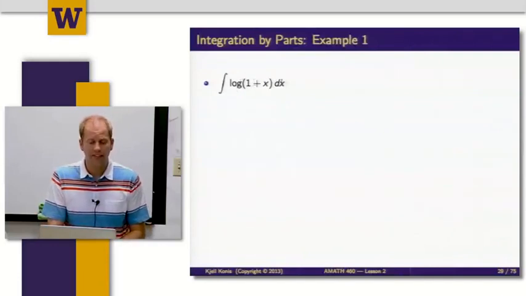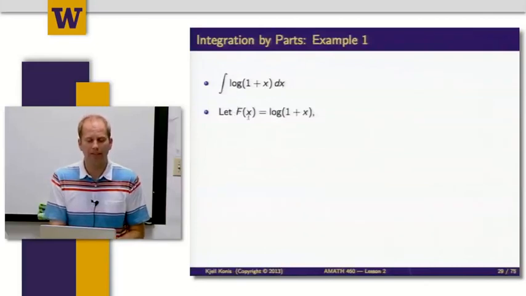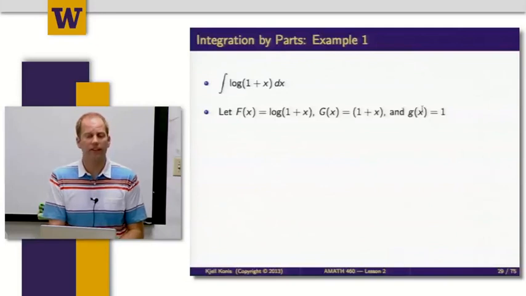So here, this doesn't even look like it's something that I'm going to be able to write down as a product. But you always have a 1. So if I let my capital F of x just be this function here, log of 1 plus x, and I let my g of x be 1 plus x, then my little g of x, that's just going to be the derivative of this guy here.